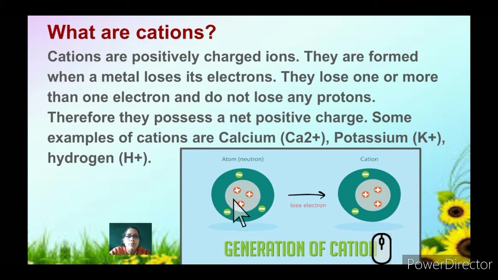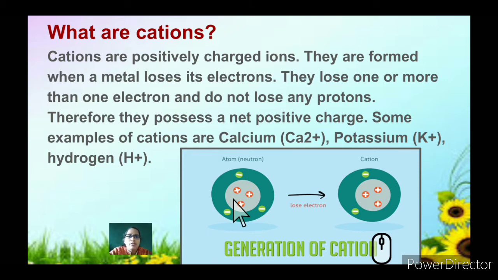So you will write, for example, hydrogen as H plus, calcium Ca 2 plus, potassium K plus. It has a net positive charge because it gives away its electrons, and the protons, which are positively charged, are present in the nucleus.